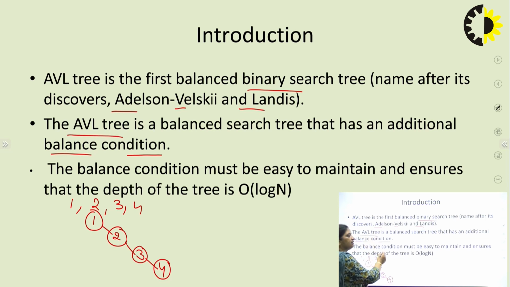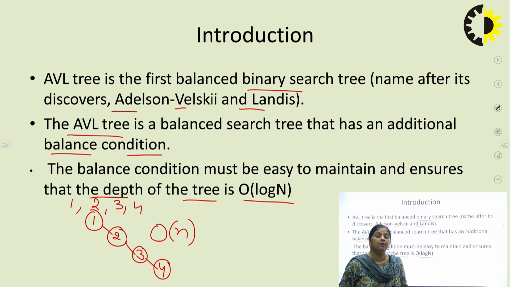The balance condition must be easy to maintain and ensure that the depth of the tree is order of log n. We want to avoid this O(n). This is one of the possibilities for a binary search tree, but we want to ensure that the depth, the comparisons, do not reach the order of n. What we want is just log n.